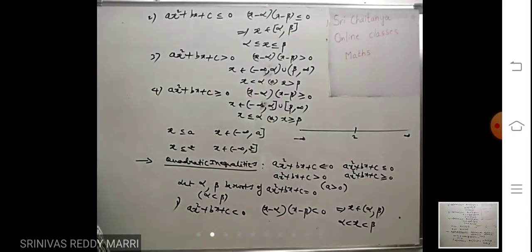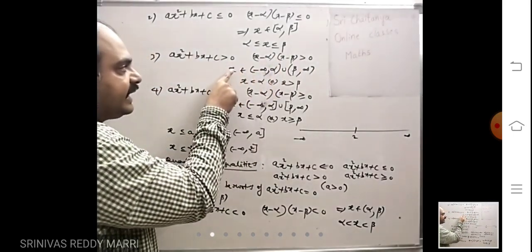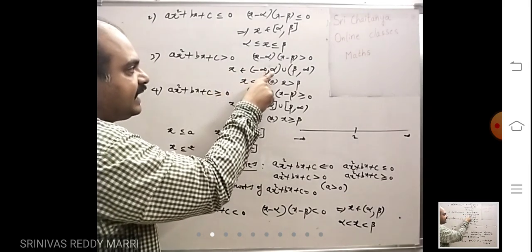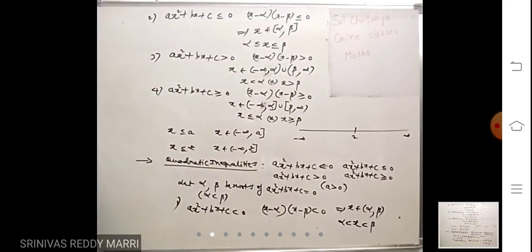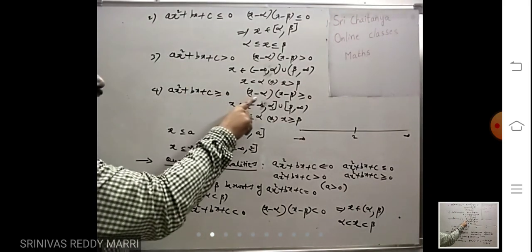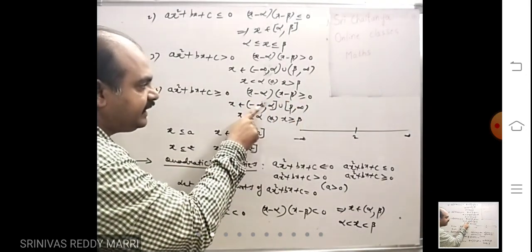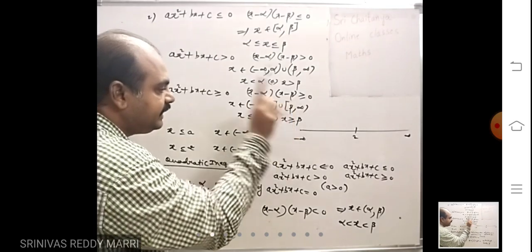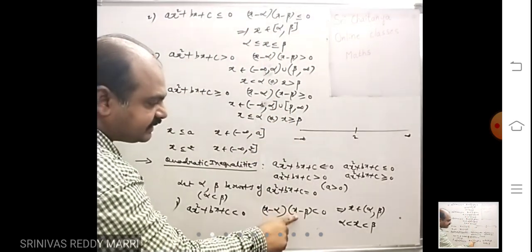After factorization you got greater than 0: x belongs to minus infinity comma alpha union beta to infinity. That is the answer. After factorization, you got greater than or equal to 0: minus infinity, comma, alpha, union, beta to infinity. For the first formula and second formula, same answer.